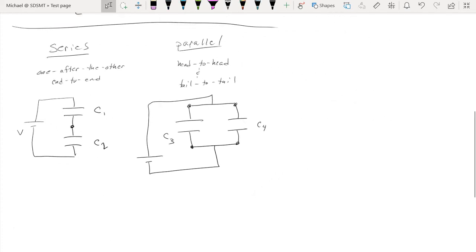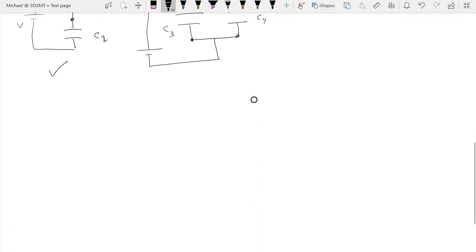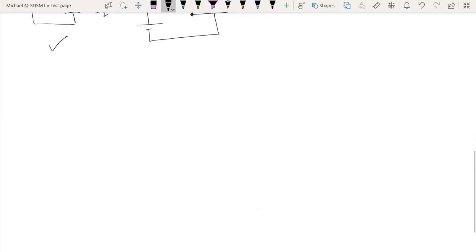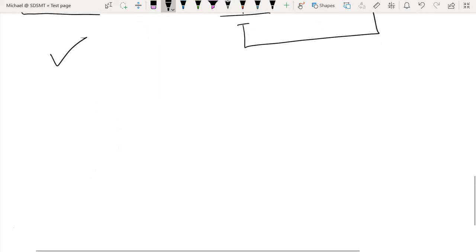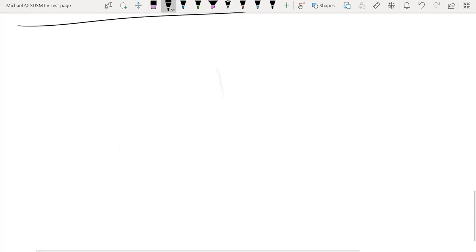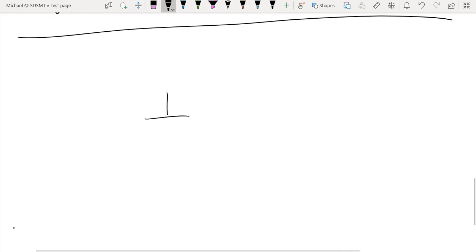So we're going to start with the series case scenario and see what happens with these capacitors, and also see if we can put together some math to describe what's happening with these capacitors. So capacitor 1 and capacitor 2.